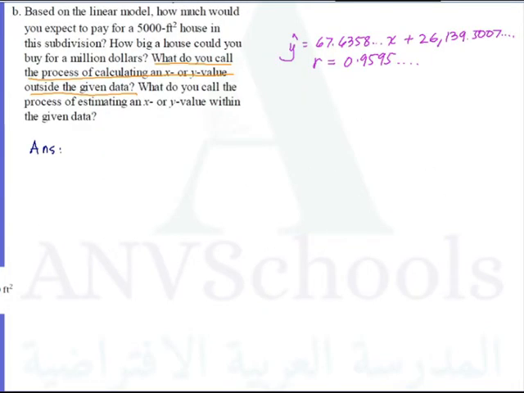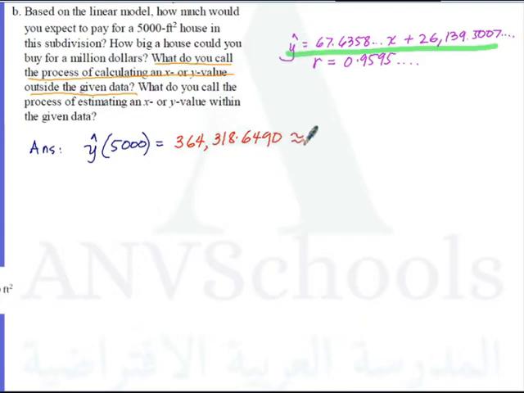So we are going to use our regression line, and y hat of 5,000, when we use this equation and solve it, will give us 364,318.6490, or approximately $364,000. Wow.